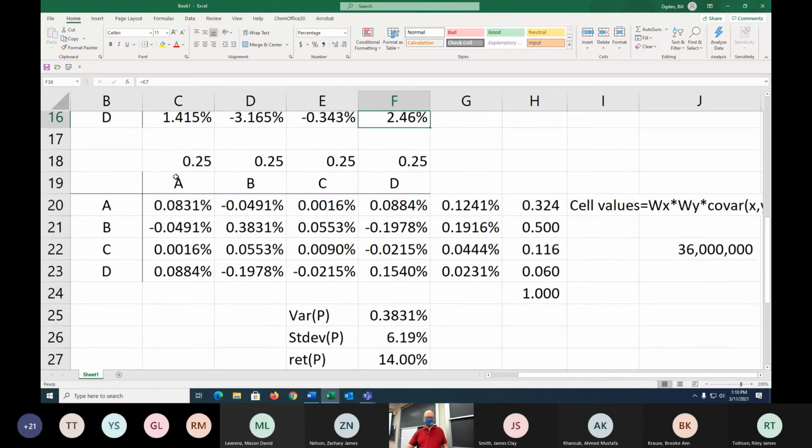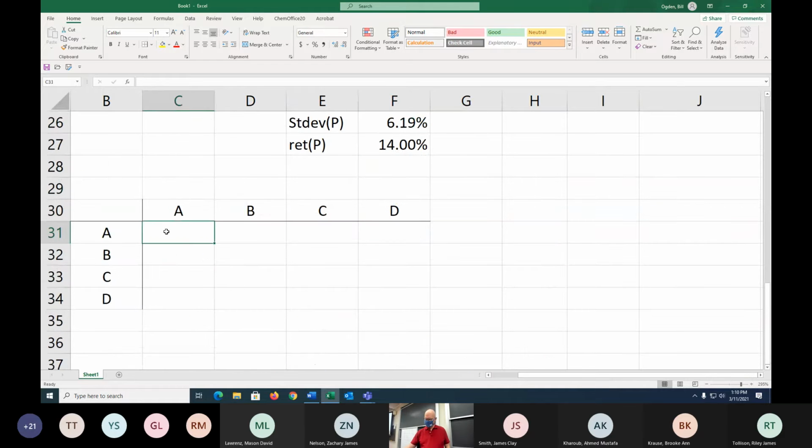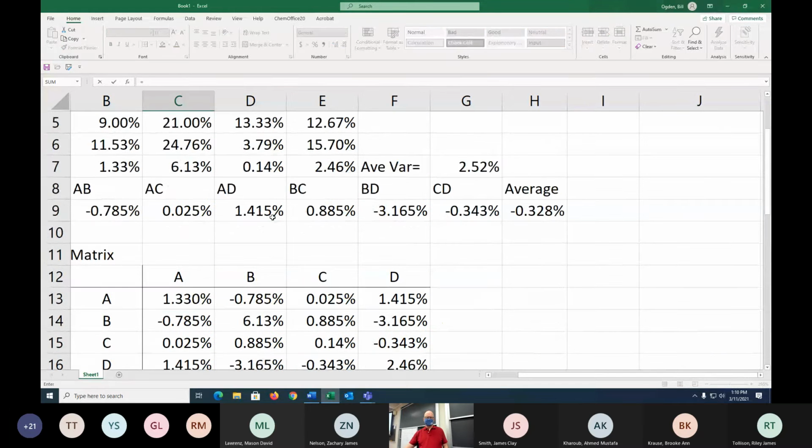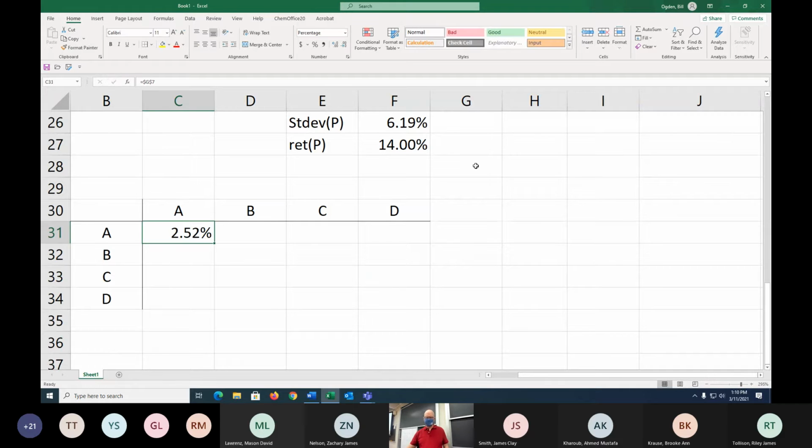Okay, so let's come down here. I'm going to say equals, and I'm going to go up and get that average variance term. And we have 2.52%. And you might as well lock that. I don't have to, but whatever. Okay, so every place I have a variance term in this matrix, I am substituting the average variance.